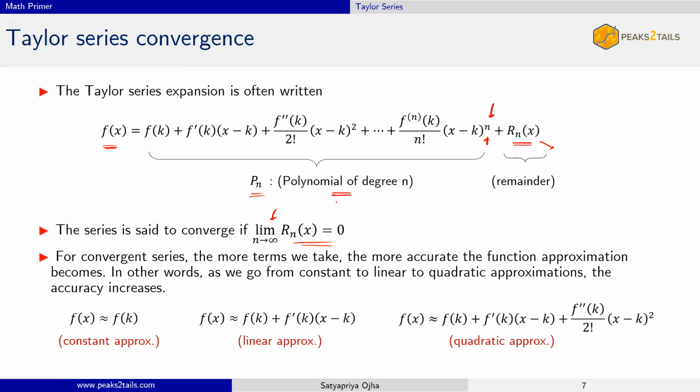Just for extra information, log(1 plus x) will converge if x is between -1 and 1, with 1 included. If it is outside this boundary, you'll see the series diverges. The error will become more, right? It will never converge. But let's not go there at the moment. For all practical purposes, you don't have to worry about convergence at the moment.